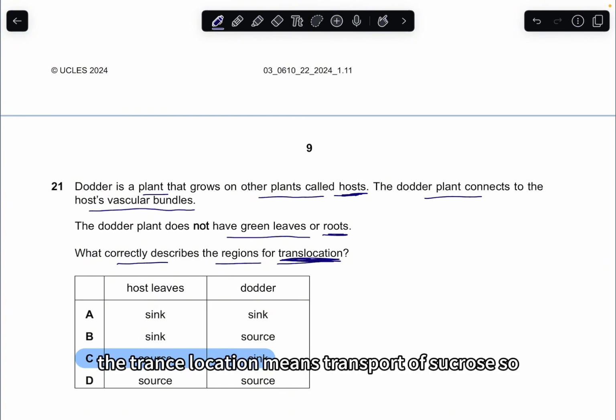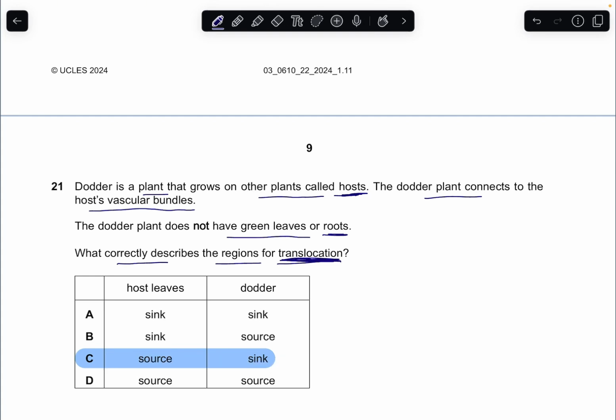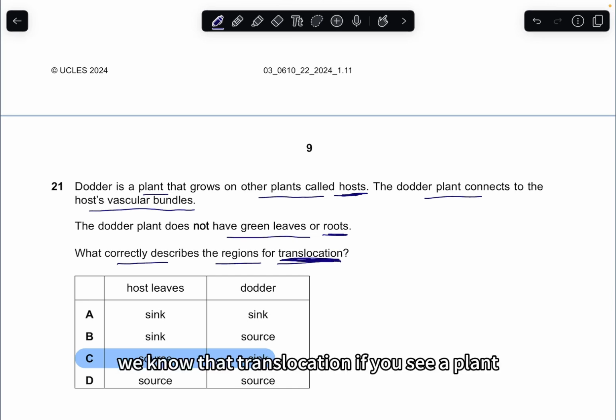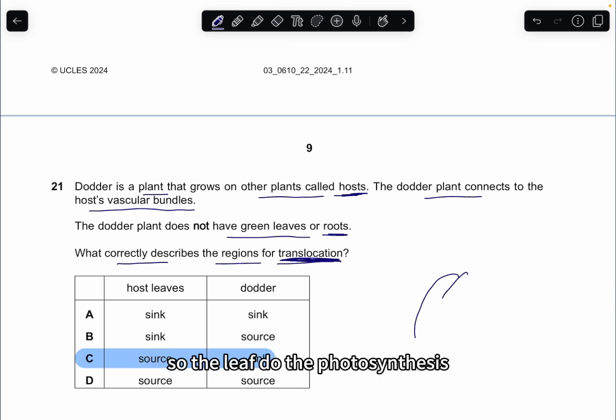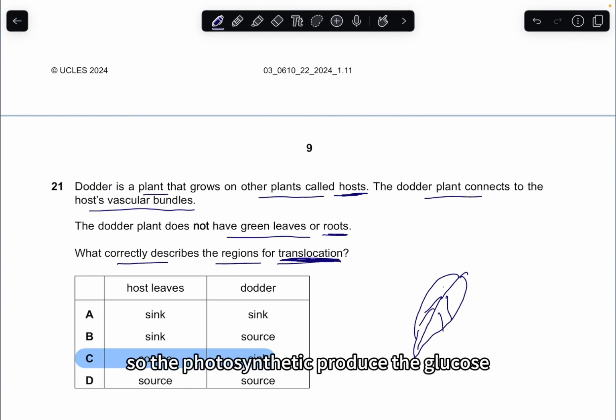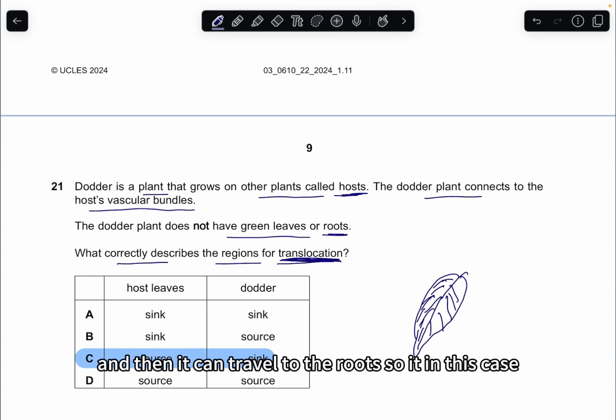Translocation means transport of sucrose. In a plant, the leaf does photosynthesis, which produces glucose, and then it can travel to the roots.